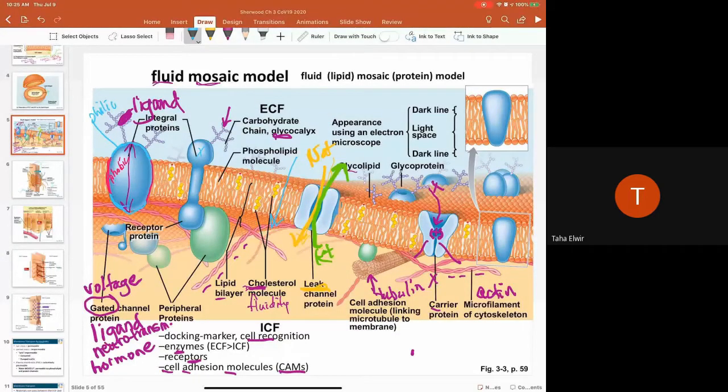An example of something that can come in that's lipid soluble is alcohol. In 302, we will run this lab. We would have red blood cells and put them in 3 types of alcohol: ethanol, methanol, and propyl alcohol.